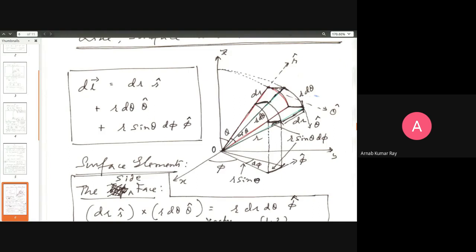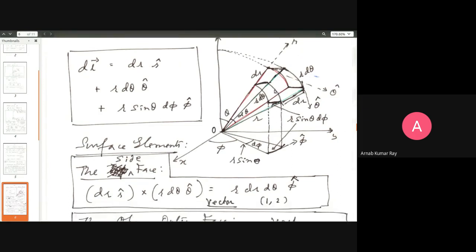So you have made your first displacement along the radial direction dr. That is, dr r cap. Now, from here to here, you are coming down. What is this length, this curved path traced by the red colored curve? Okay, so first let us go back a little to this curve over here. If this displacement from the origin is r and this angle is theta, then you have shifted by a small angle d theta.